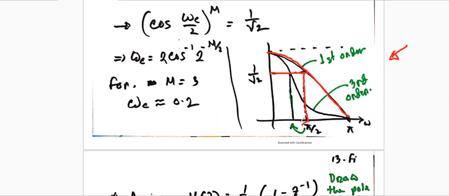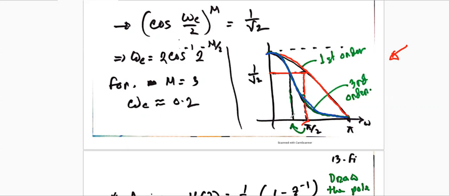Now, if you want to improve the quality of the filter, that might be like this. So this could be the improved version. Let me choose the color like this. So this is the improved version. Why is that improved?